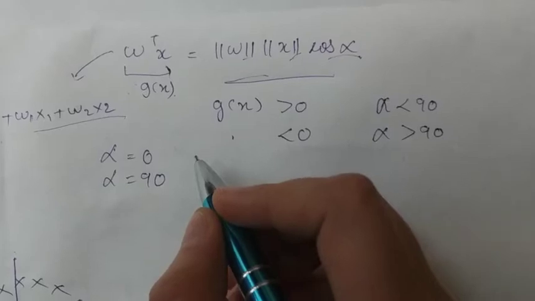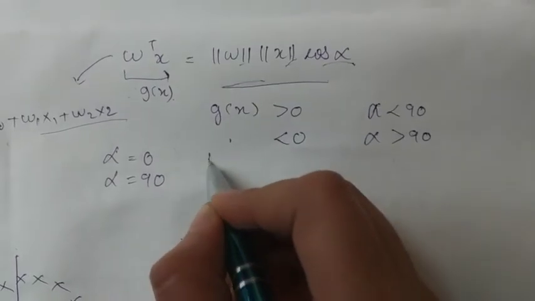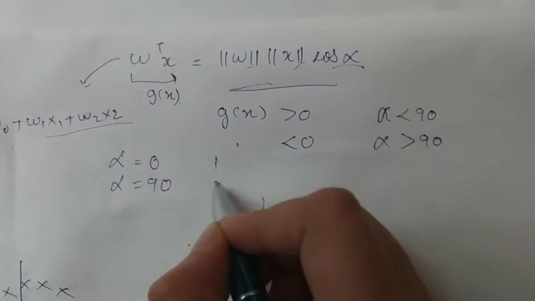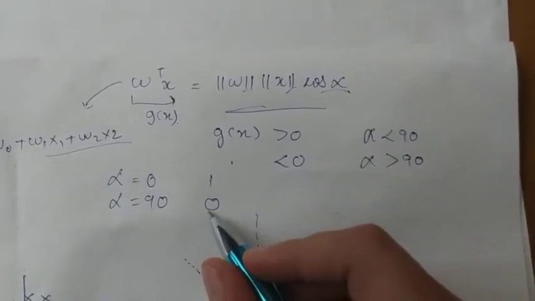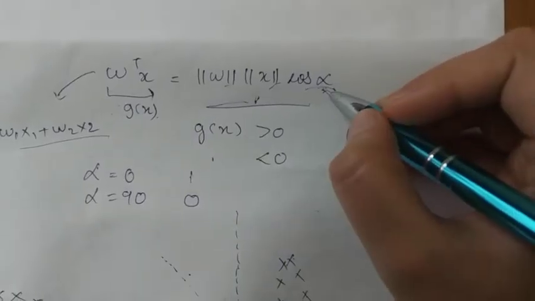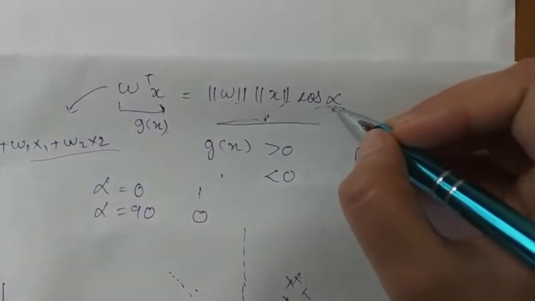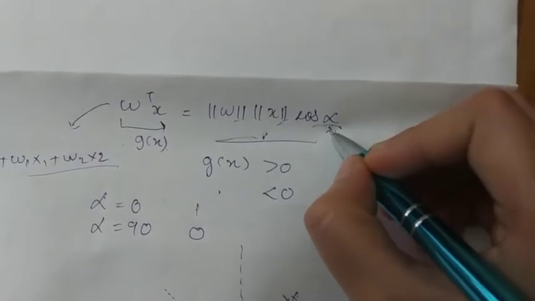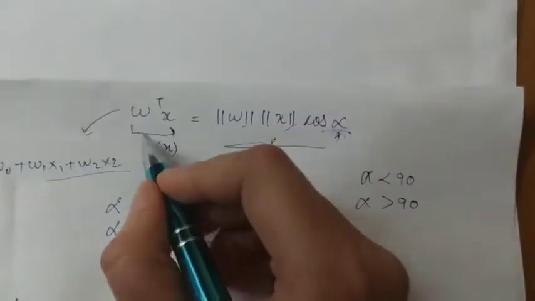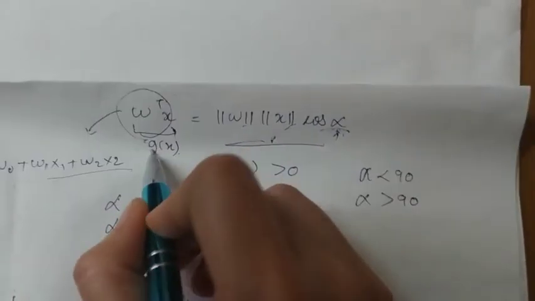Cos 0 is 1 and cos 90 is 0. Whenever alpha is less than 90, we obtain a value greater than 0.